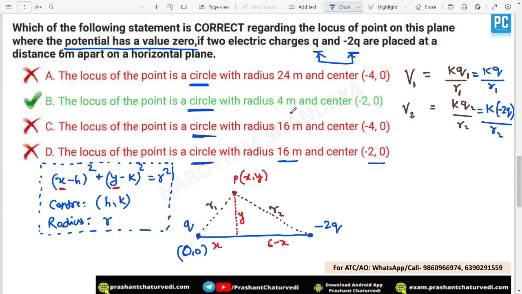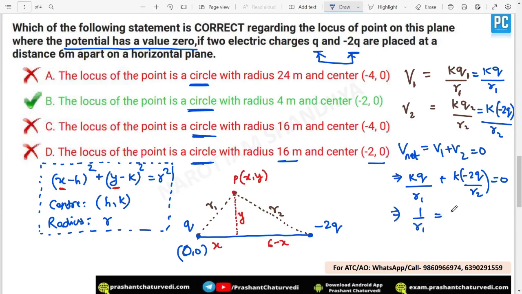Even I had told you that electric potential is a scalar quantity, so there is no vector addition, you can directly add it. So V net is equal to V1 plus V2 and that is equal to 0. From here you will obtain a very important relation between r1 and r2. So kq by r1 minus k into 2q by r2 is equal to 0. So kq simply comes out common, and 1 upon r1 will be equal to 2 upon r2, and from here r2 will be equal to twice r1.